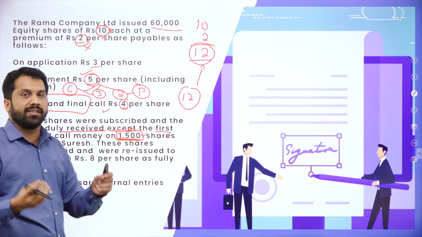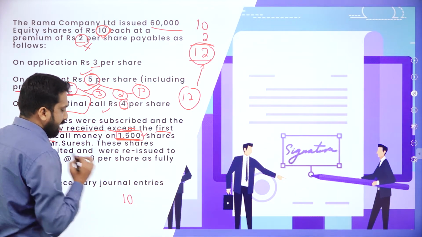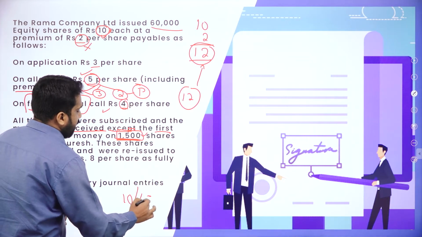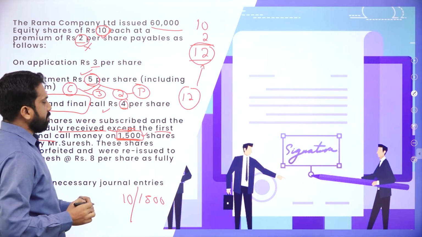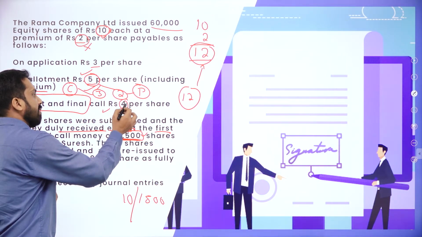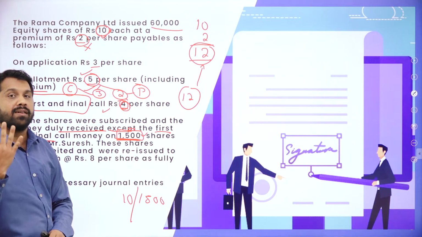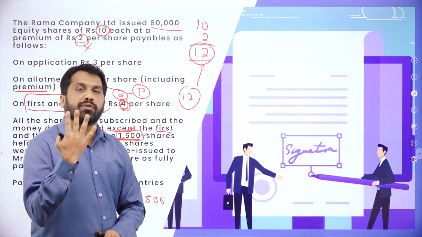These things we should remember. On 1,500 members, how much have they not paid? They have not paid 4 rupees. Out of 10 rupees, they have not paid 4 rupees.